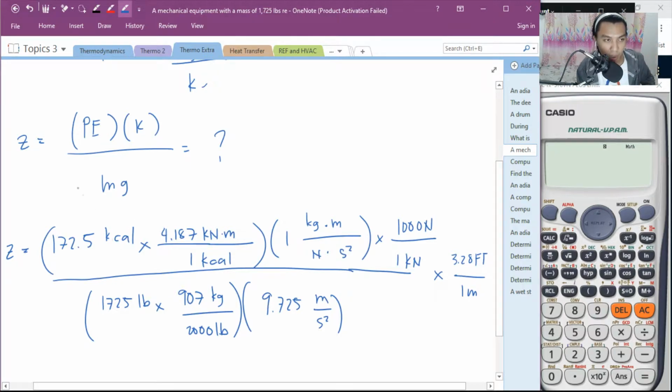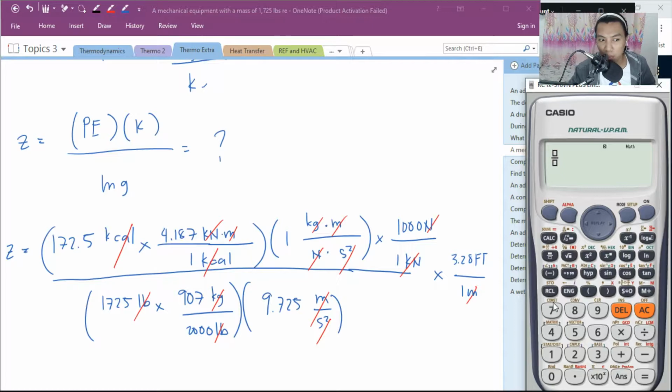So, cancel natin yung same units. Kcal, meter, yung meter second squared, kilogram, yung pound, yung newton, kilonewton. Okay? So, tama yung cancellation natin. I bet meron tayong makukuha tamang sagot.